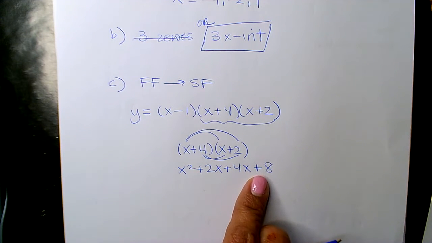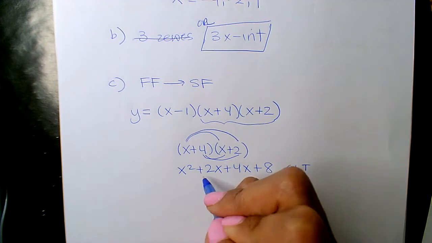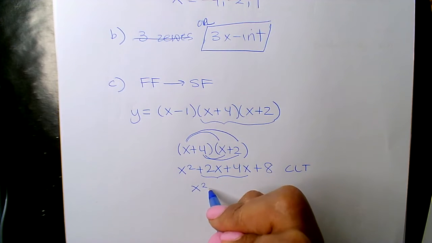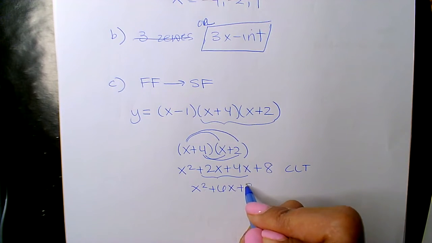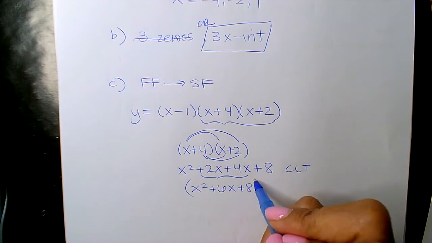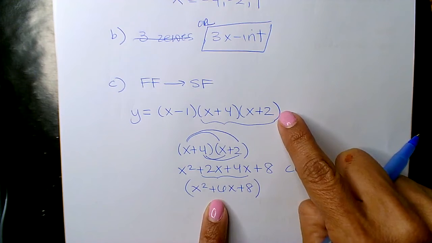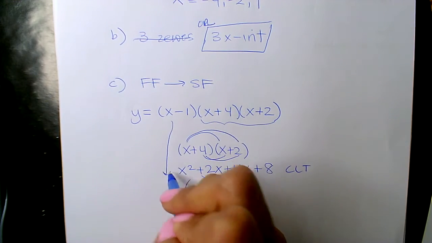Okay, now you need to combine like terms, right? So this trinomial is equivalent to these two binomials, yes? So what needs to come down?